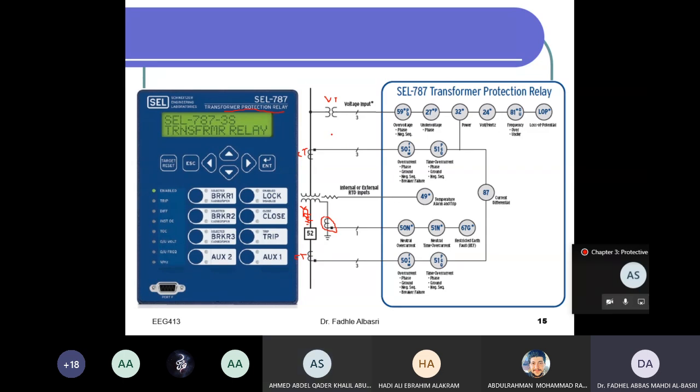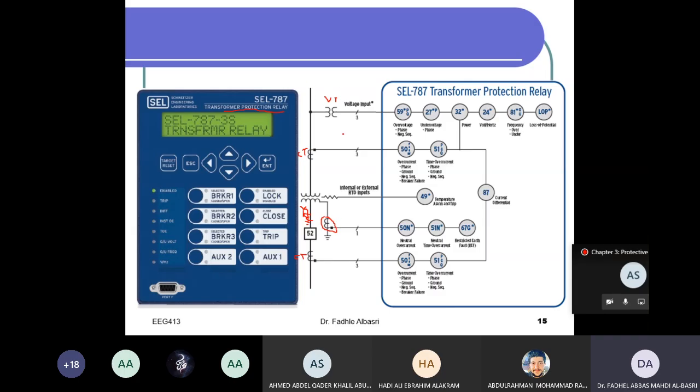No, it depends on how many functions you want to implement. Now, in this case, you don't have some transformer. For a smaller size transformer, I might not have a CT, and I don't want to have a VT. I want to have just two currents, and implement just differential. Or I might have only one CT here.